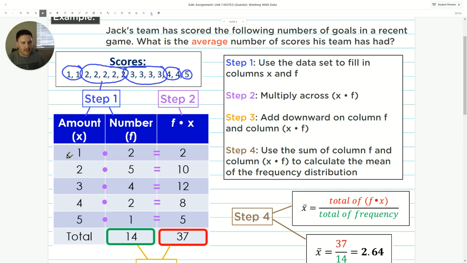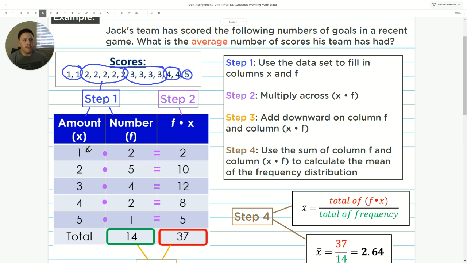So in the X column, you're going to have 1, 2, 3, 4, 5. Now the frequency of each one depends on how many you have in your list. So 1 appears twice. 2 appears 5 times. 3 appears 4 times. 4 appears twice, and then 5 appears once. Okay, so that's step one, setting up the frequency distribution table.